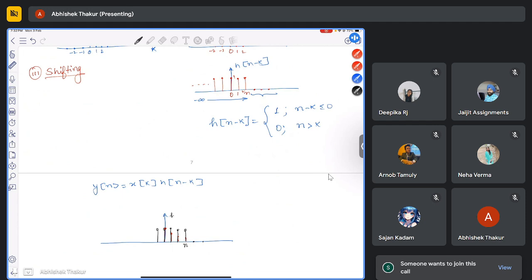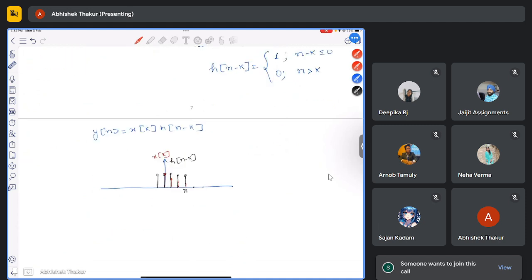So the black color is h of n minus k and the red color is x of k. So when we do the summation, what will we get? y of n is simply the multiplication of x of k into h of n minus k, up to what value?